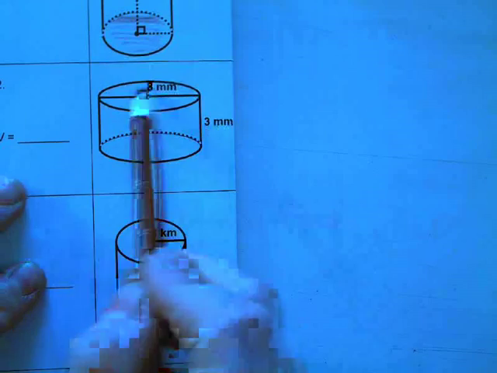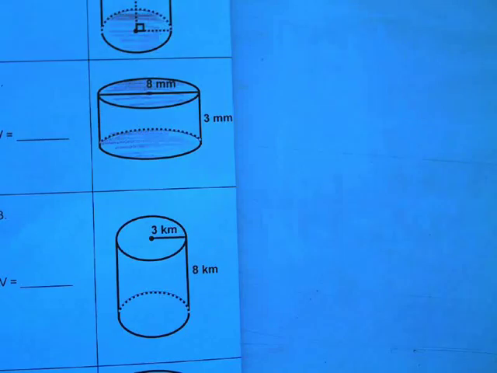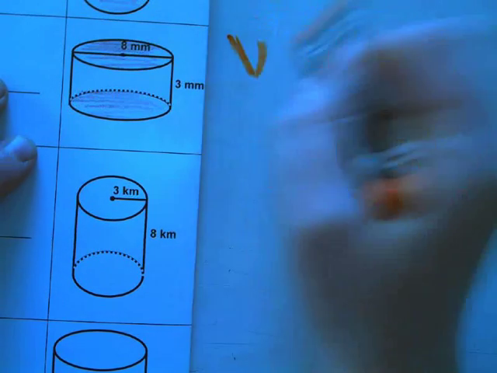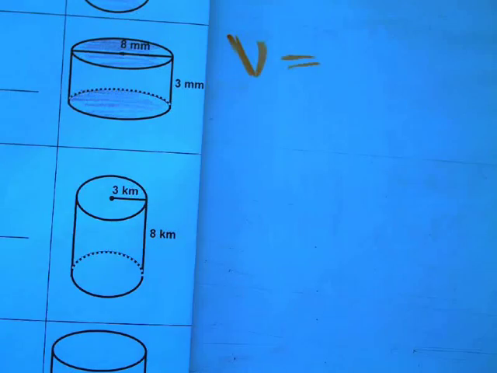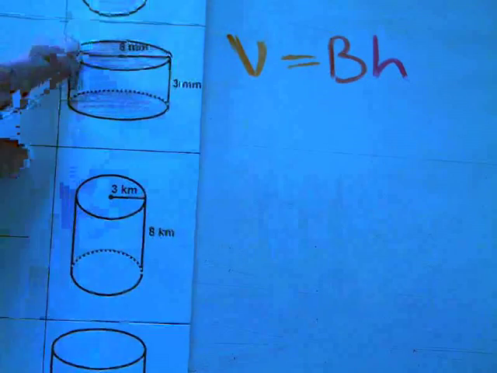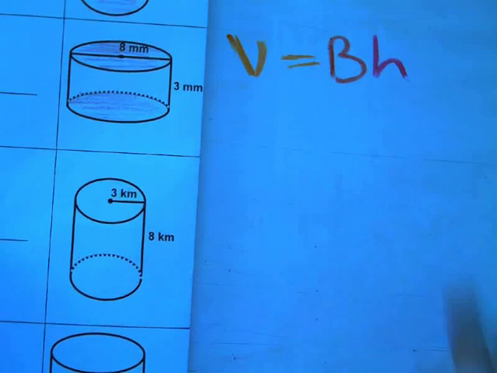Okay, so I have another cylinder. I'm going to shade my base. So once again, volume equals base times height. The big B is the area of the base, so I'm finding the area of the circle. This time they're trying to trick me, and I'm not going to fall for it. They gave me the diameter of 8 millimeters.